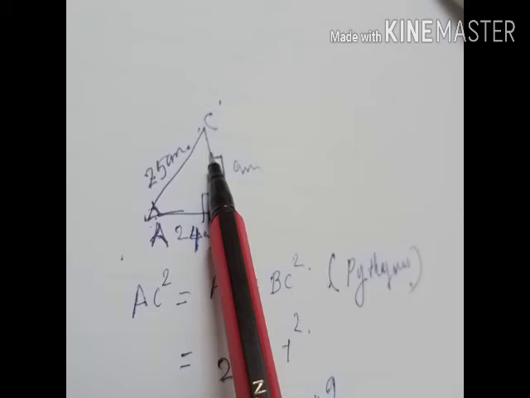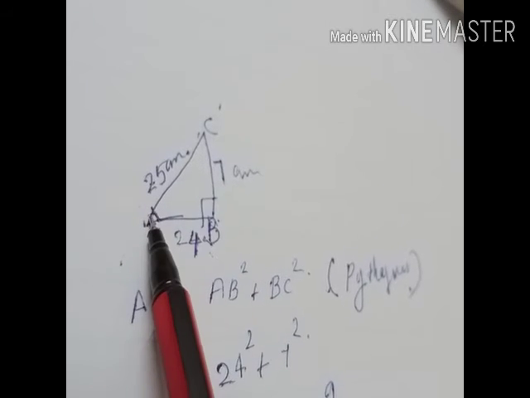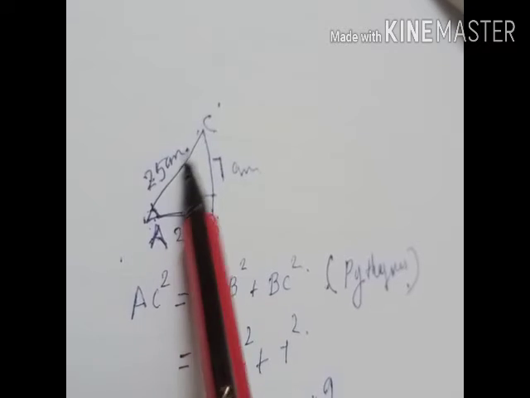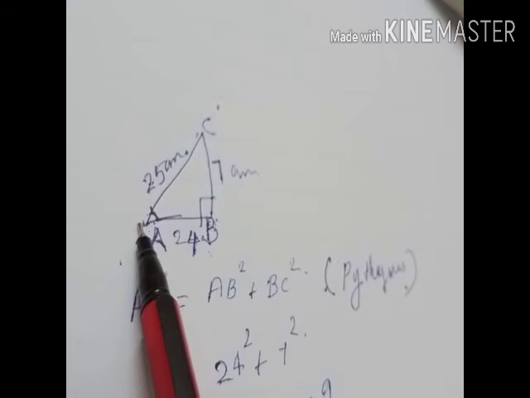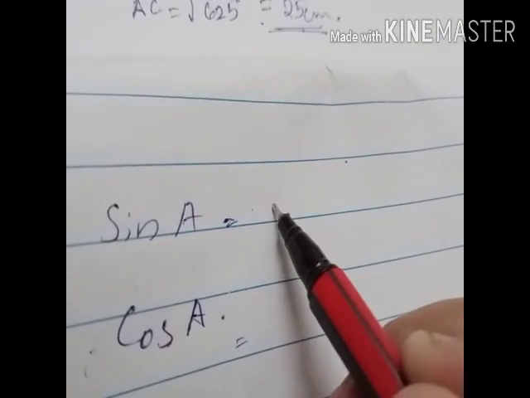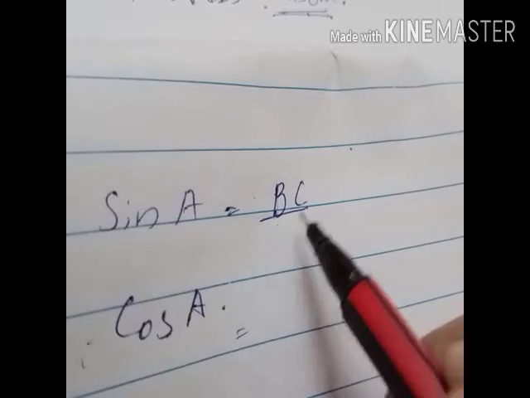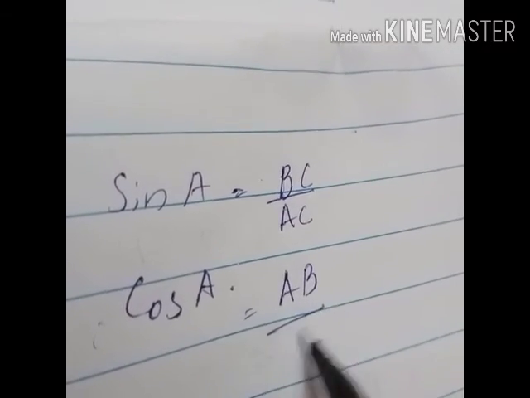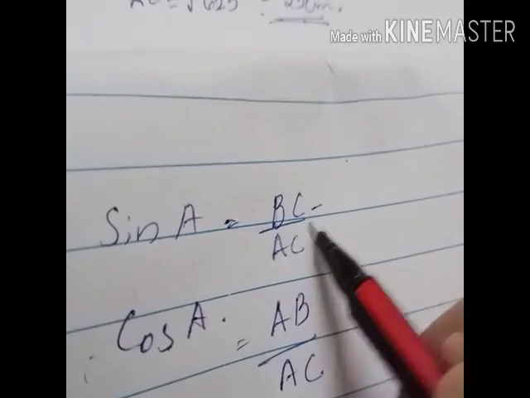That means BC by AC is sin A. Then what is cos A? Adjacent by hypotenuse, that is AB by AC. So we can write sin A equals BC by AC and cos A equals AB by AC. So we can give the values.